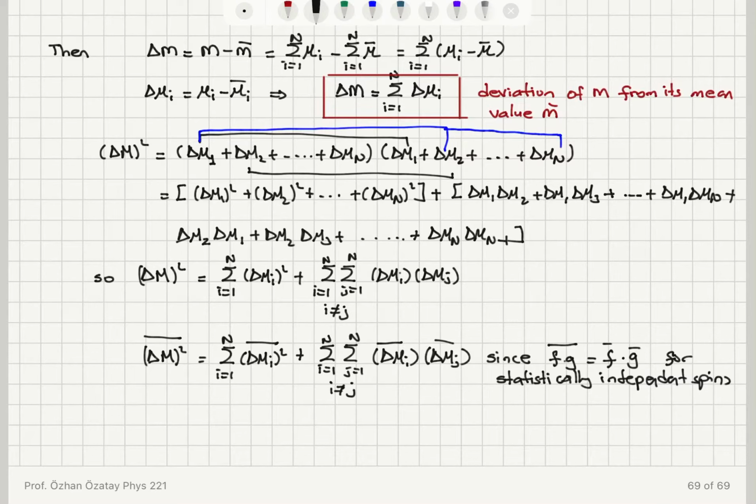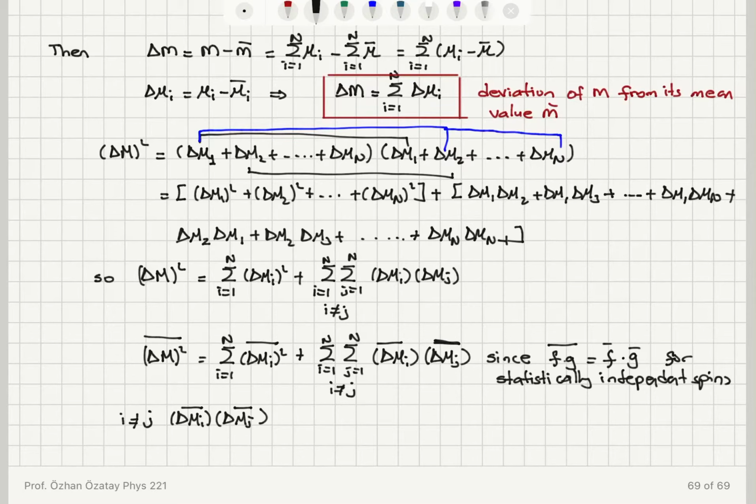So I can write this. But this is just the deviation of mu from its average value. So for i not equal to j, I have delta mu i bar times delta mu j bar.